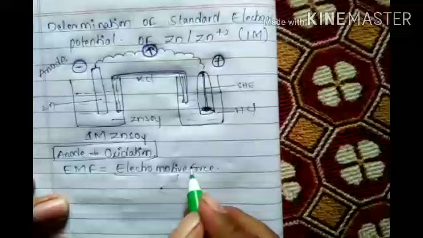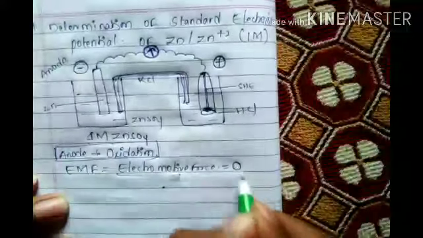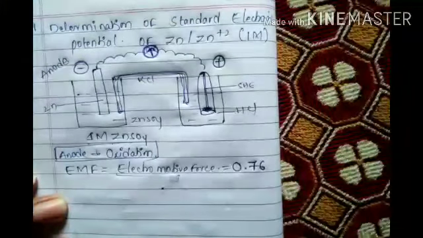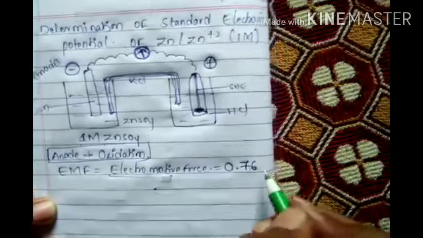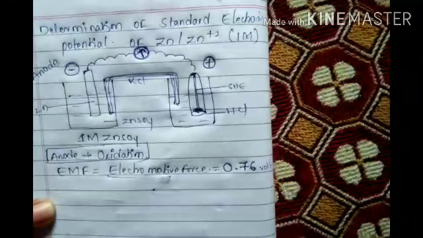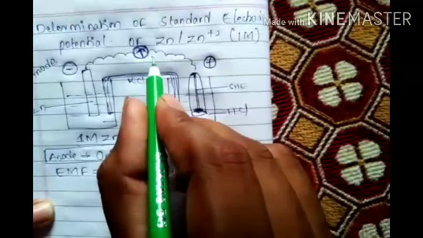That is, EMF of 1M ZnSO4 solution is 0.76 volts. Here everything is recorded, how much electricity is transferred.